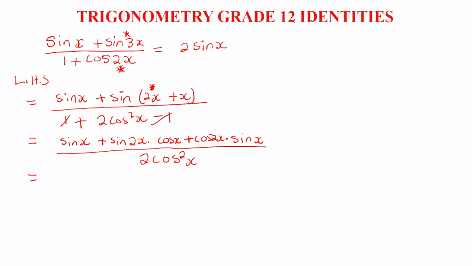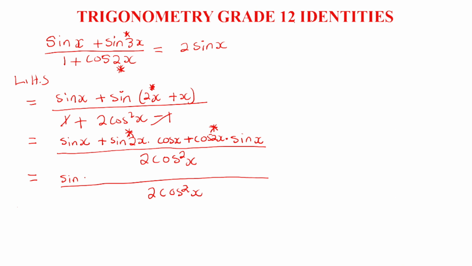Now let's have a look at the numerator. We need to change certain identities that we have here. This is an identity, we're going to have to change it. I'm putting a star on it, and also here, this is an identity, we're going to have to change it as well. Now let's go ahead and change the first identity, which is sine 2x. This will be all over our denominator, still the same.